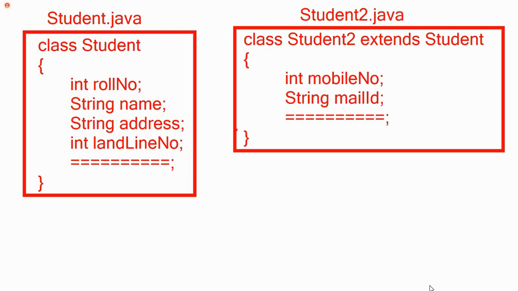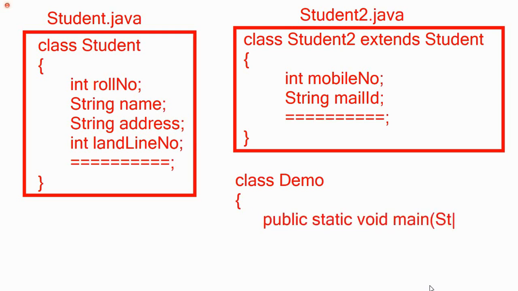Now, what you can do: for the main method purpose, we will write a separate class, suppose class demo. Here, public static void main. Like this, the main method purpose we write separately. In this class, you create an object of this class, then this will work.